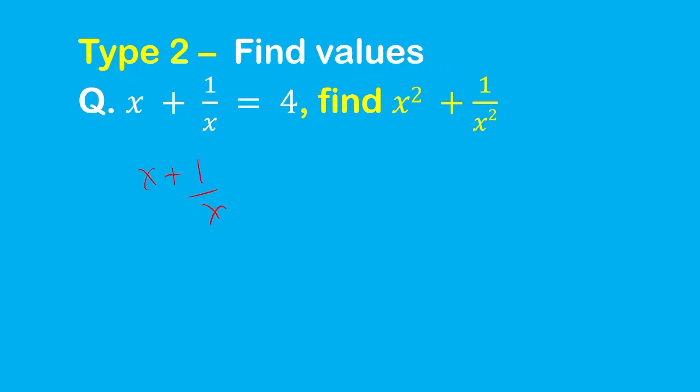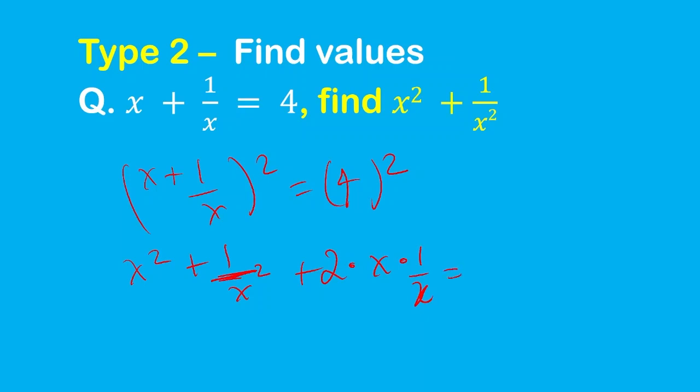Remember, whenever you see something like this, you must square on both sides, and when you do so, you will get something like x² + 1/x² + 2 into x into 1/x, which is equal to 4 square, that is 16. Now over here, x and x can cancel, leaving us with x² + 1/x² + 2, which is 16.